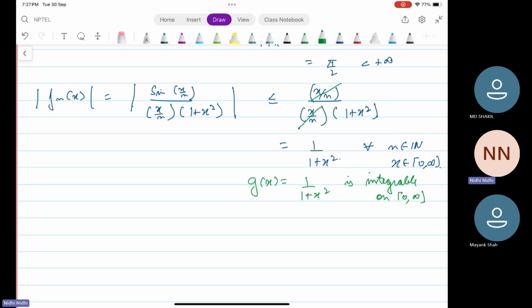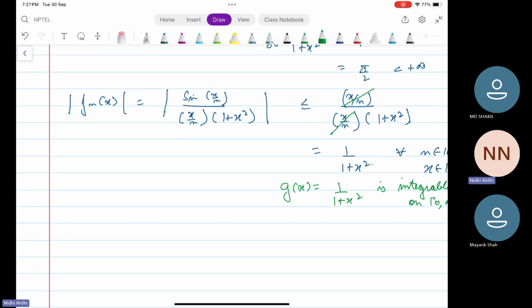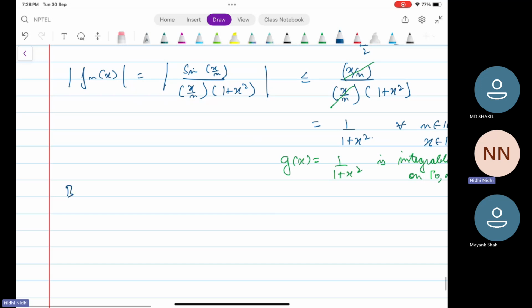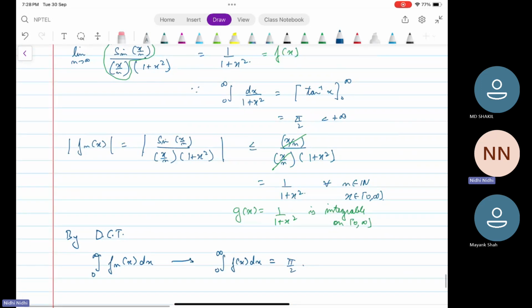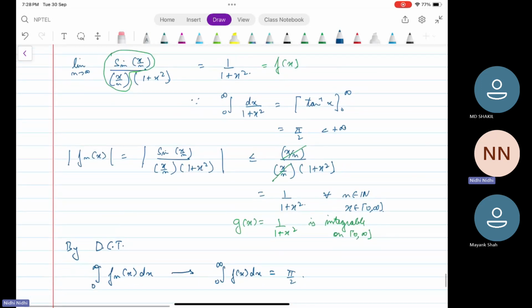Therefore, in this case, the dominating function and the limit function are both the same, and hence by the dominated convergence theorem, the integral from 0 to infinity of f_n(x) dx will converge to the integral from 0 to infinity of f(x) dx, which is nothing but pi by 2, because f(x) was 1 upon 1 plus x square, and we know that its integral from 0 to infinity will be pi by 2.